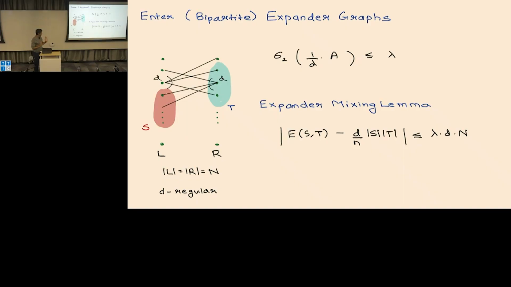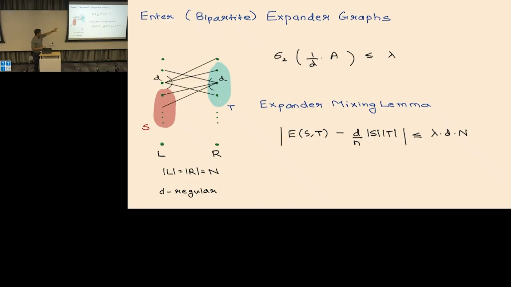In this talk, we'll think of bipartite balanced expanders. So we'll have two sets of vertices on the left and right, each of size n. We'll think of a d-regular bipartite graph. Every vertex has degree d. We'll think of d as a constant. And we'll say it's a lambda expander if the second singular value of the bipartite adjacency matrix is at most lambda.